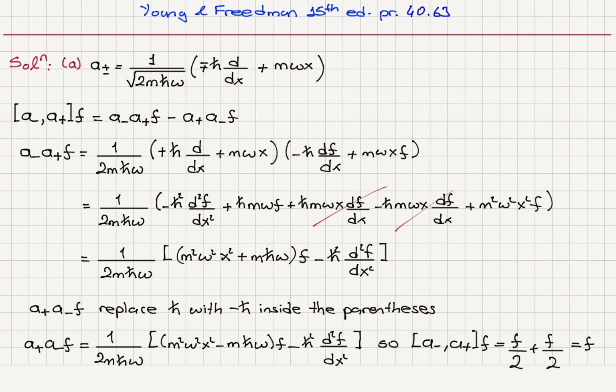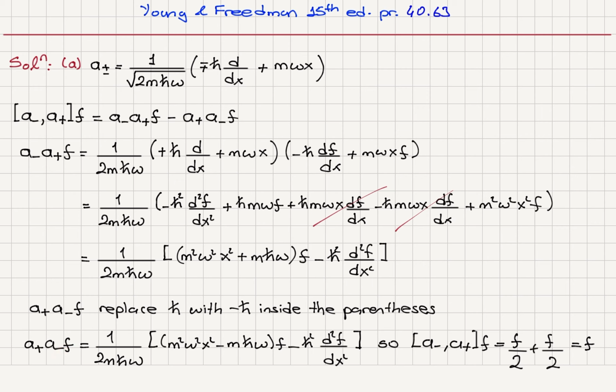And in part A, we calculated the A minus A plus commutator by applying the A plus operator first on the function, then the A minus operator first, then A plus, with the given definition, being careful with the sign of the h bar here. When we obtained the result for A plus A minus, our observation is that the only thing is the h bar changes sign for A plus A minus applied to f.